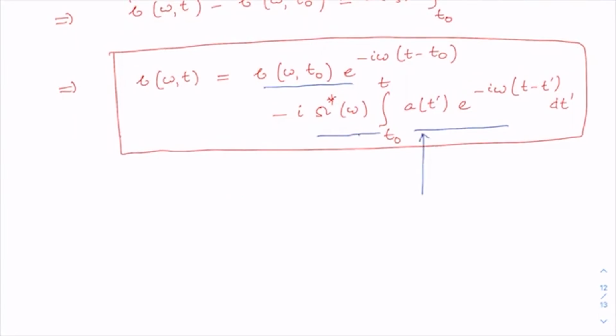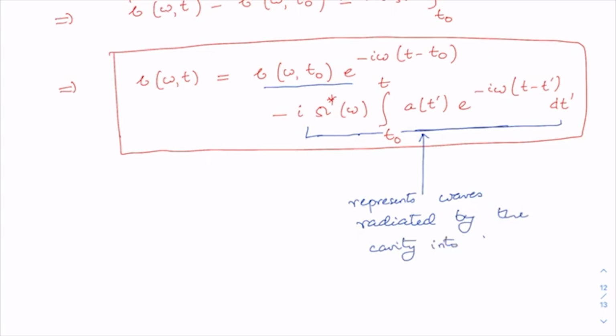So this second term represents waves radiated by the cavity into the bath, and on the other hand this first term represents, as I said, the free evolution of the bath.